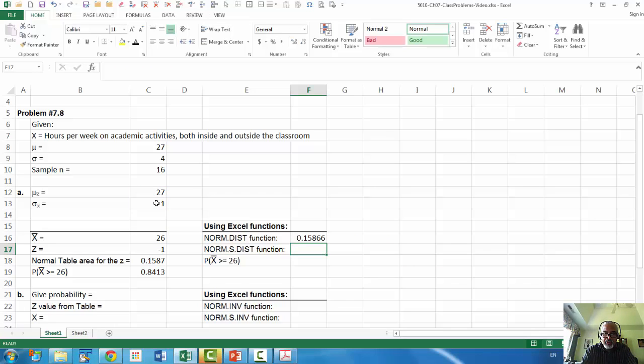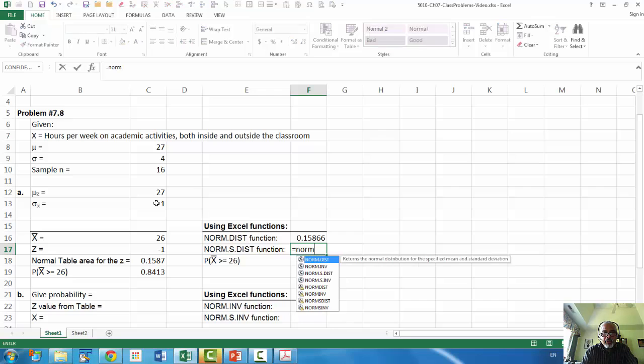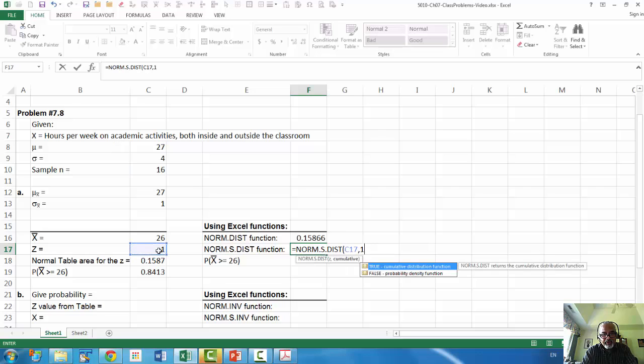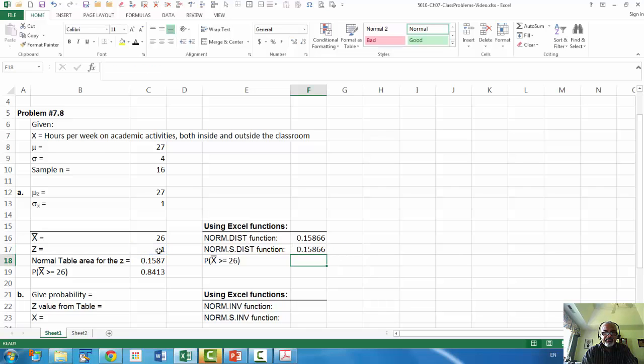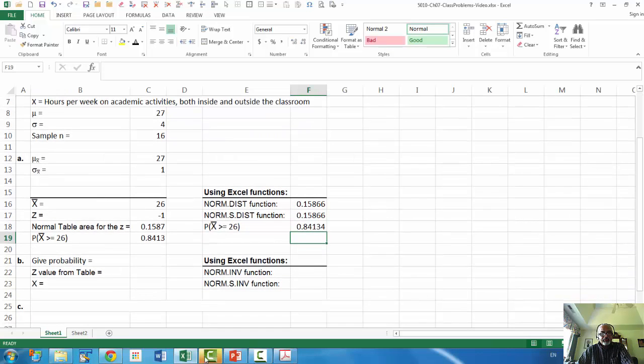We could use norm.s.dist as well because we already have the z value, comma 1 for cumulative distribution. Of course, what we want is the complement of cumulative, then we go like that. So that's the answer to A.